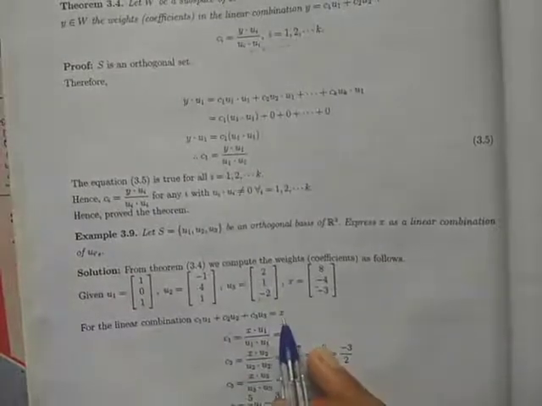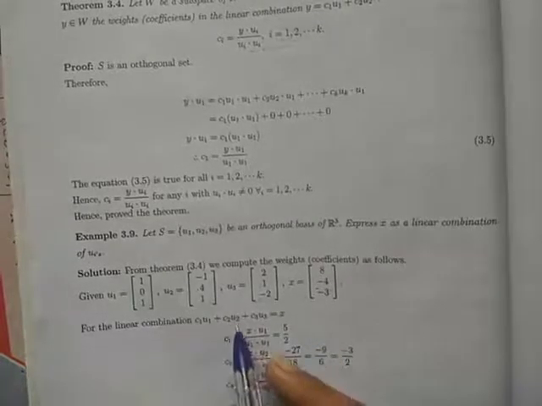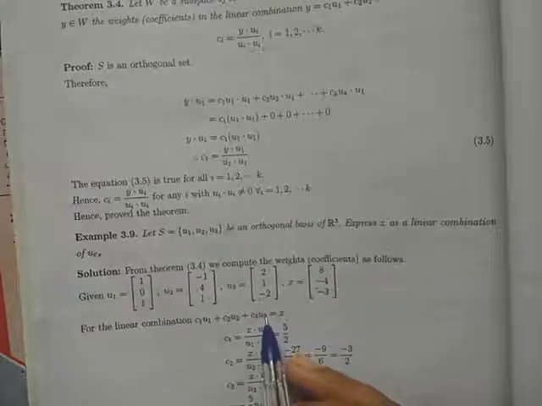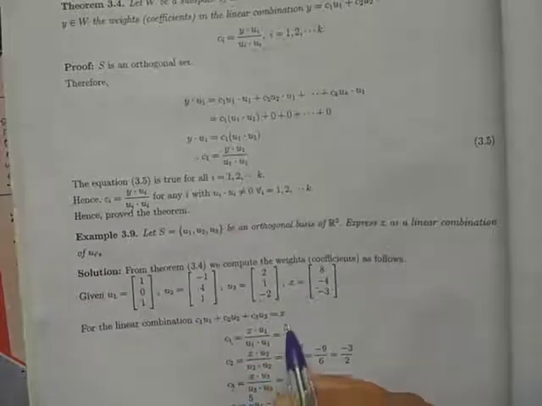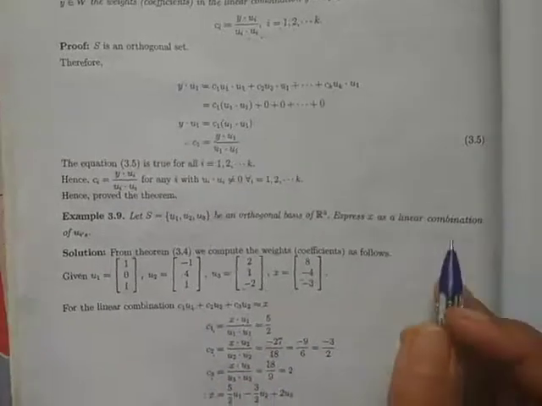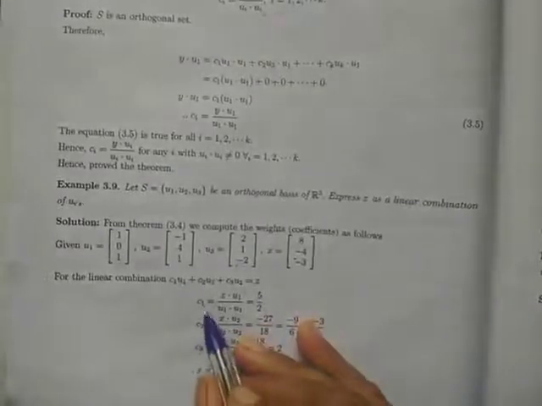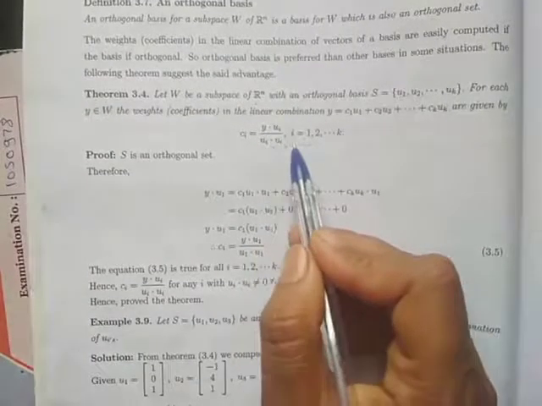We have to write x as a linear combination of u1, u2, u3. When we can find c1, c2, c3, then x is a linear combination of u1, u2, u3. Here the formula for ci is y dot ui upon ui dot ui.